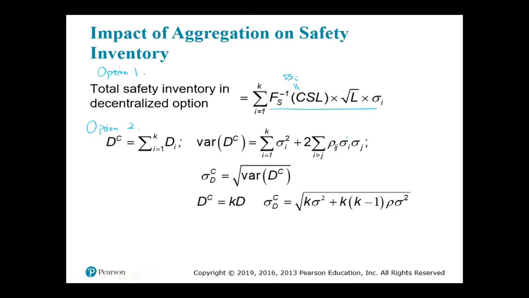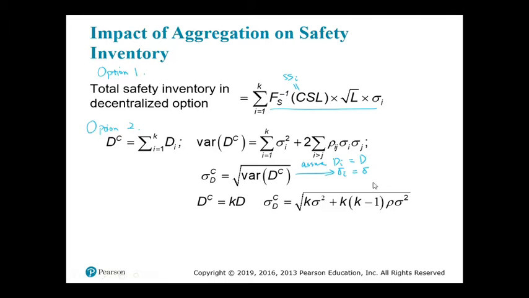And let's make a simplification. Assume that all the regions are identical, just for us to see the results easily. So each DI is equal to D, and each sigma I is equal to sigma.